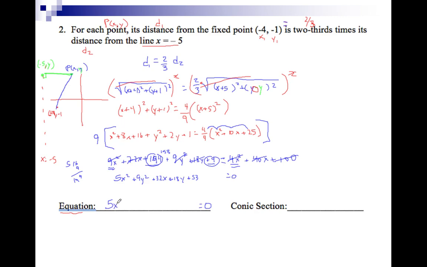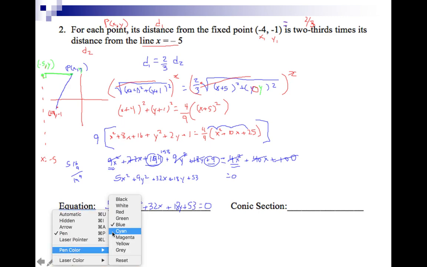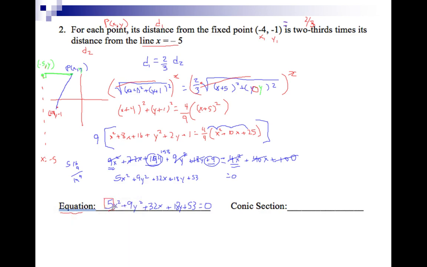So 5x squared plus 9y squared plus 32x plus 18y plus 53 is my conic section in general form, and the coefficients of capital A and capital C are not equal. Neither one of them equals 0, but they have the same sign.